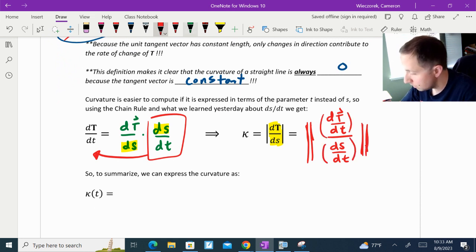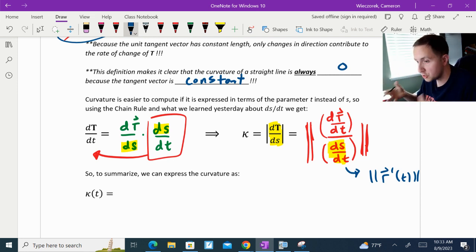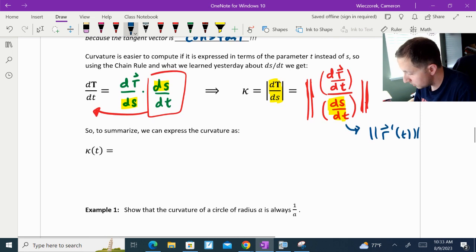And then recall, this ds/dt from our last section is just the magnitude of r prime of t. We took the derivative of that accumulation function, that arc length function, and we ended up getting the magnitude of the tangent vector. So put it all together, this is just a quotient of two magnitudes.